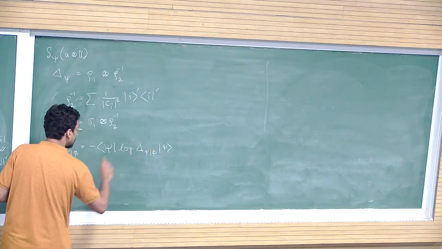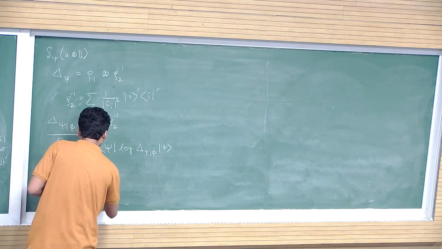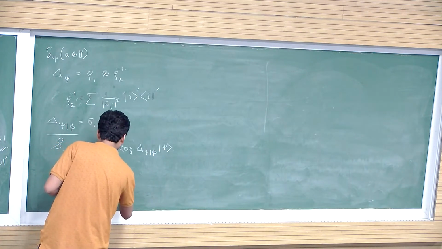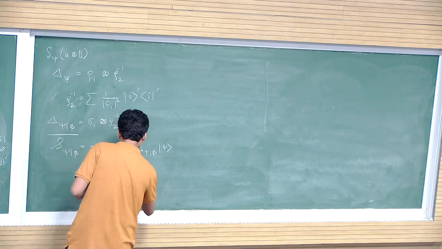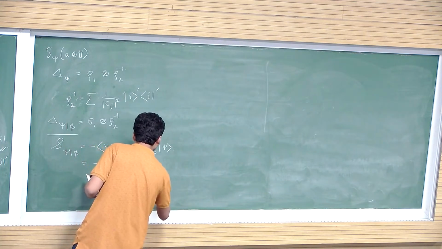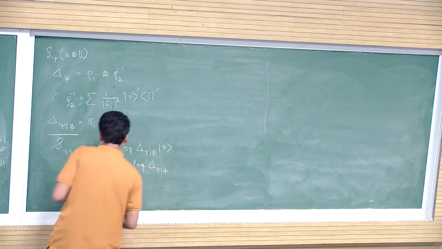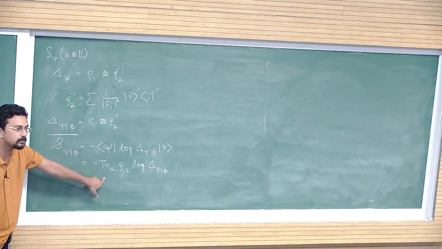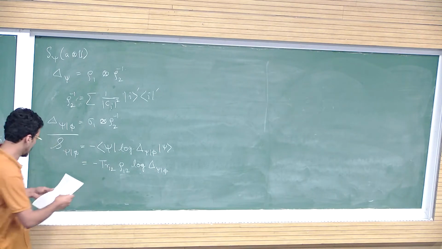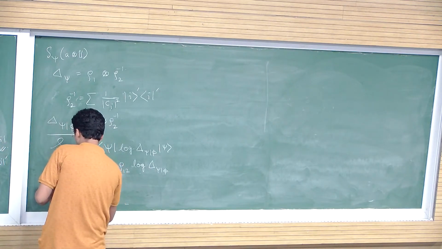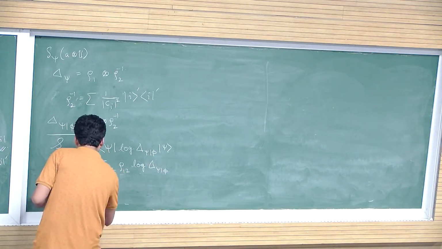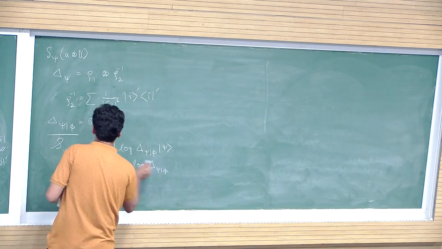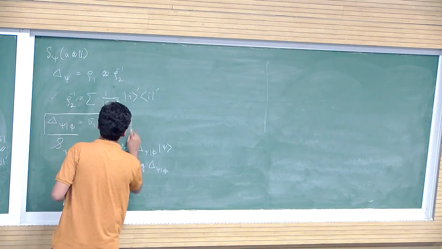So if you do this, we have just seen this is nothing but a trace over the full Hilbert space. So this is trace over 1 and 2. And from here, you use this expression for delta psi given phi.